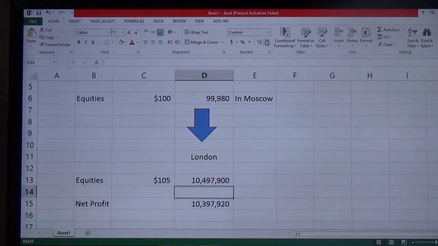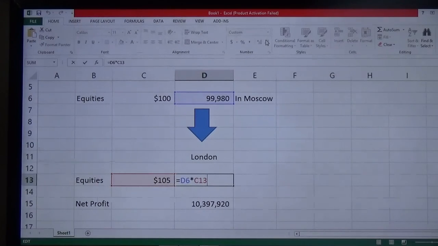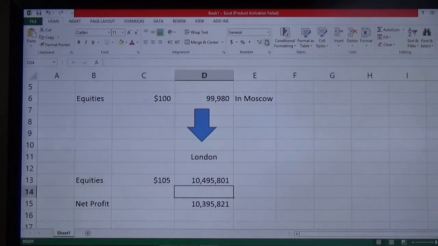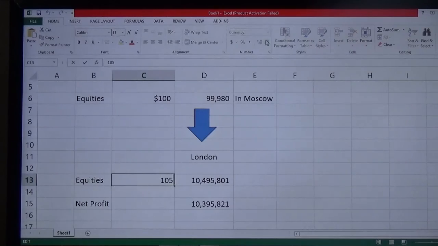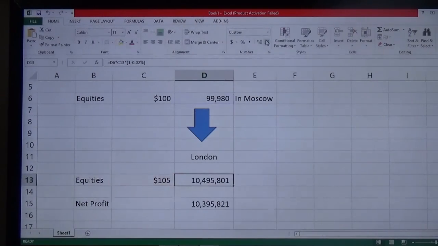Let us assume that 0.02% is the commission. This time we will deduct it, because 0.02% is the commission of Deutsche Bank on both sides. Let us deduct this 0.02% here, although it will come out the same.